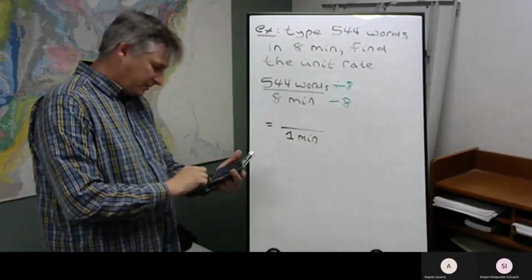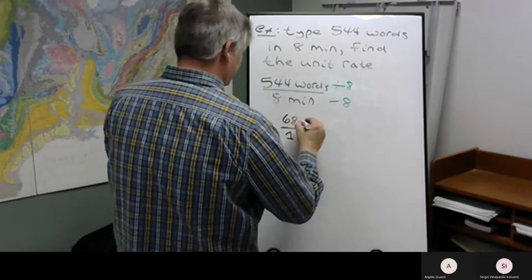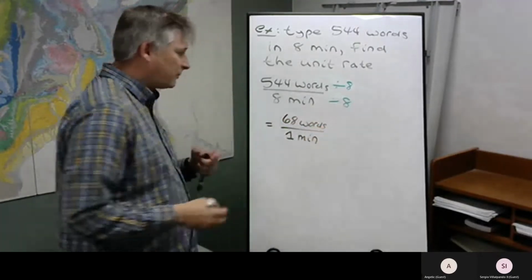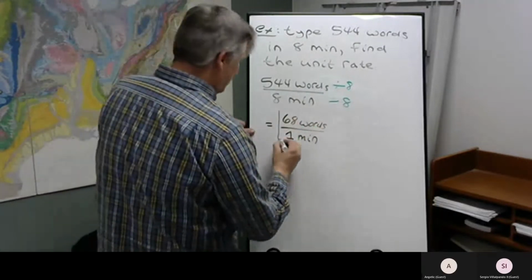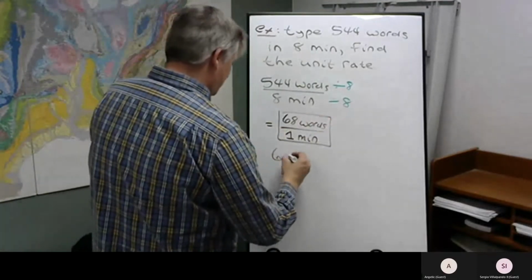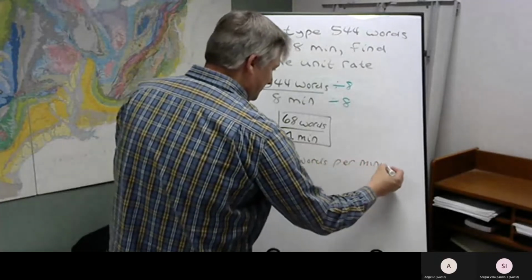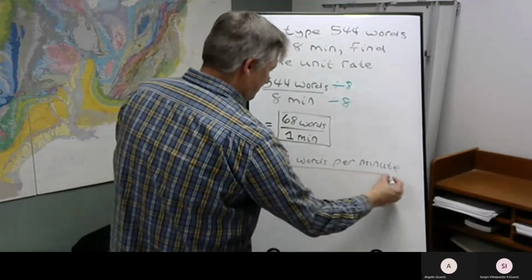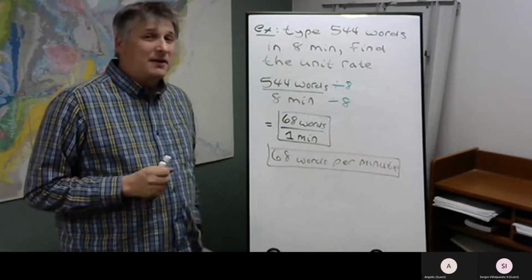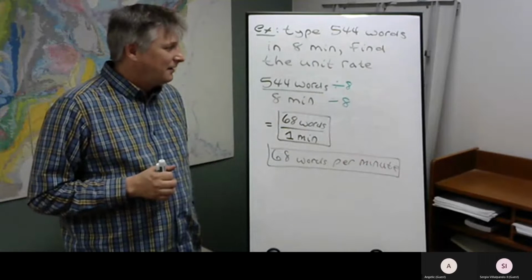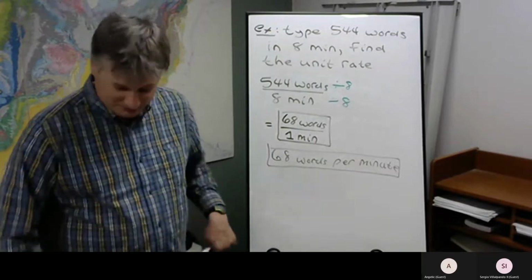And then 544 divided by 8 is 68. So we have 68 words per minute, or 68 words per minute written like this. Some questions about that? All right.